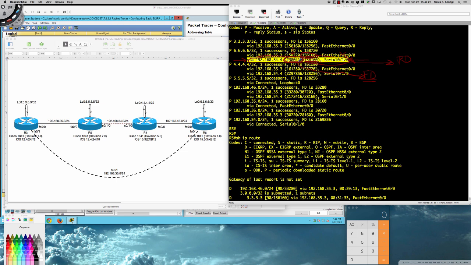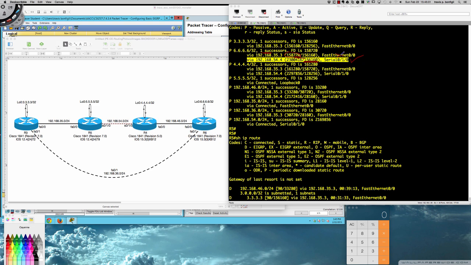And so the feasibility condition, I apologize, let me clear the screen one more time just to be clear. The feasibility condition says, if the reported distance of the non-successor is less than the feasible distance of the current successor, this guy meets the feasibility condition and will be installed into the topology table as a backup route who's literally on hot standby waiting for FastEthernet 0/0 to go down.